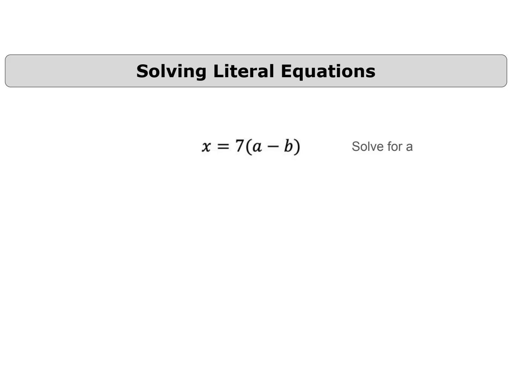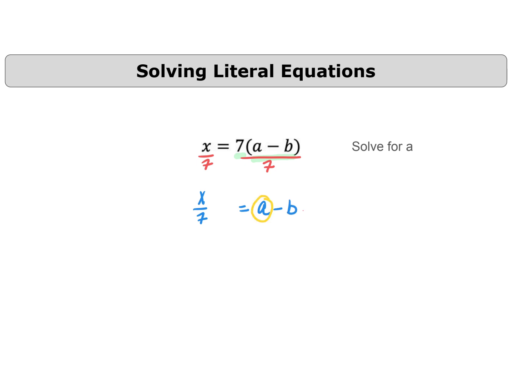Here we have x is equal to 7 times parentheses a minus b, and we want to solve for a. So we have 7, which is a factor, and then this a minus b is a factor because it's in the parentheses. So here we could divide both sides by 7. So then we would have x over 7 is equal to a minus b.